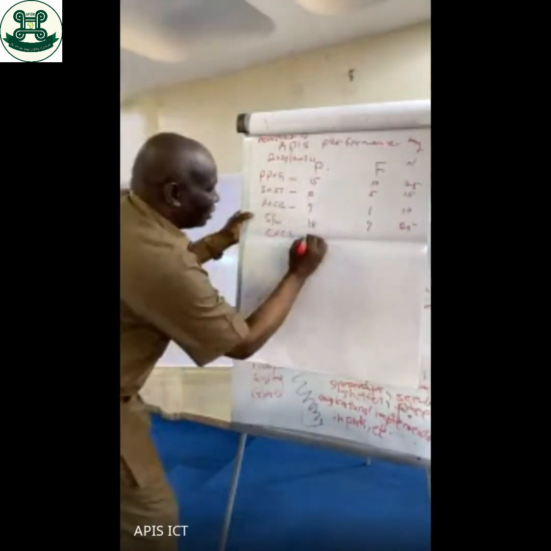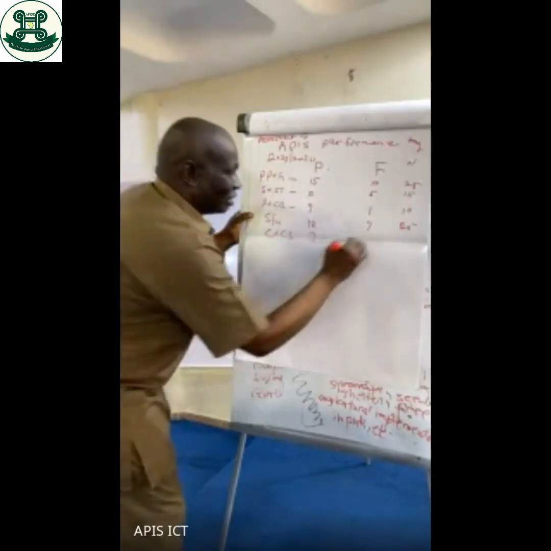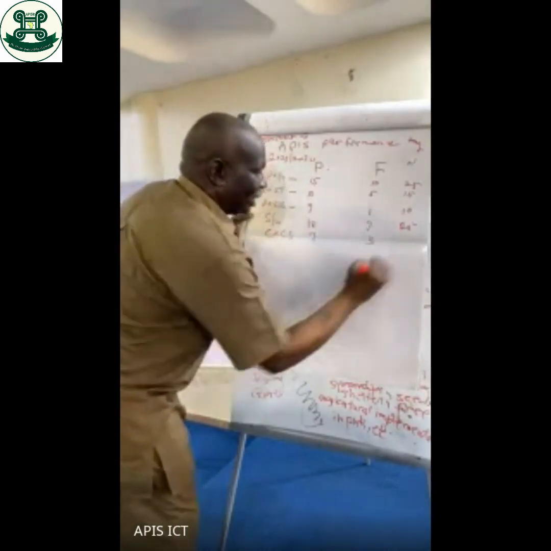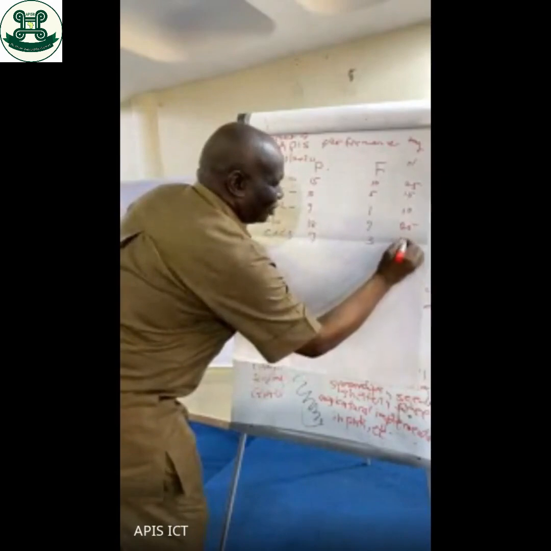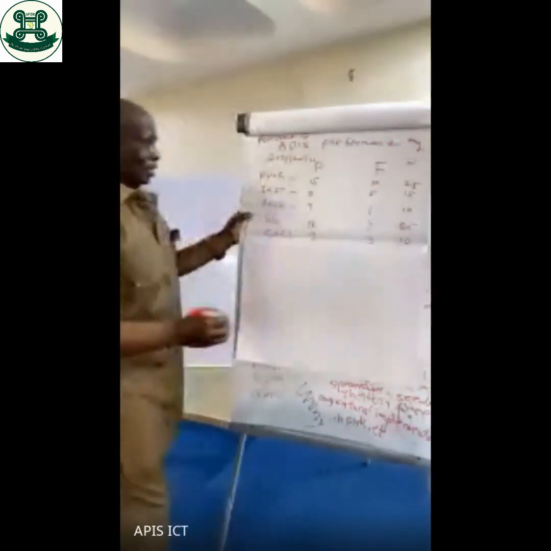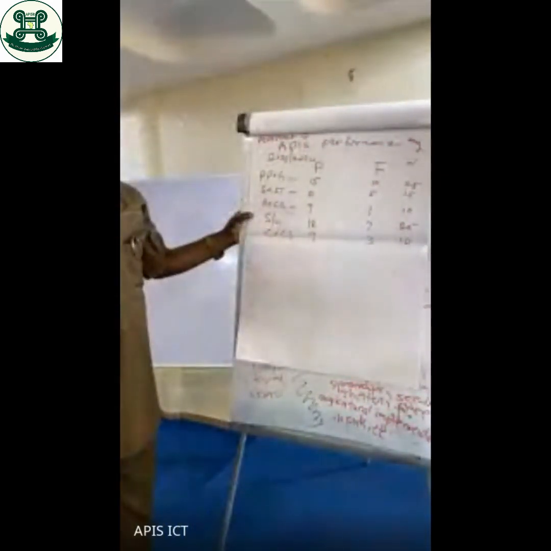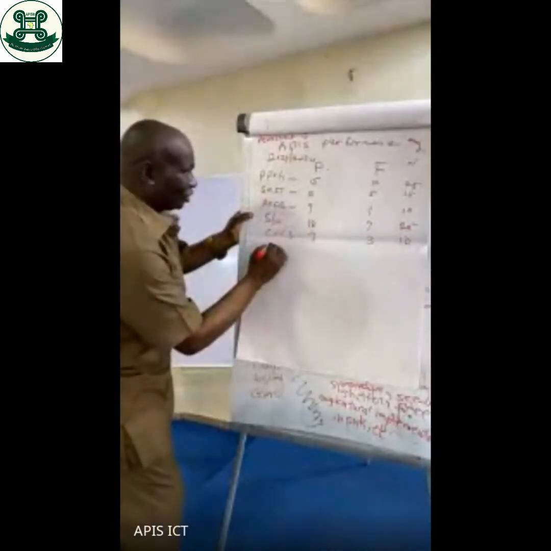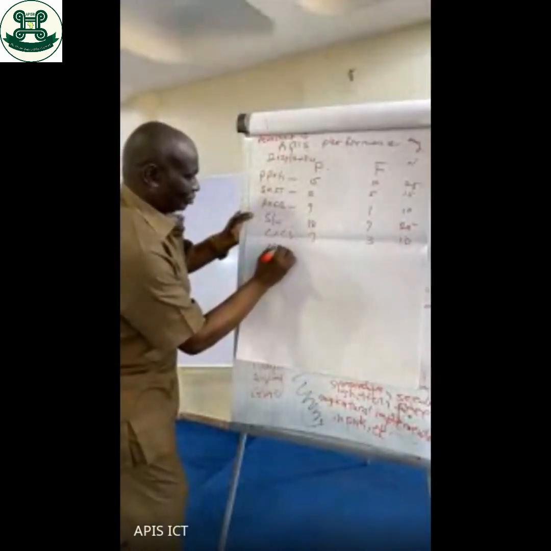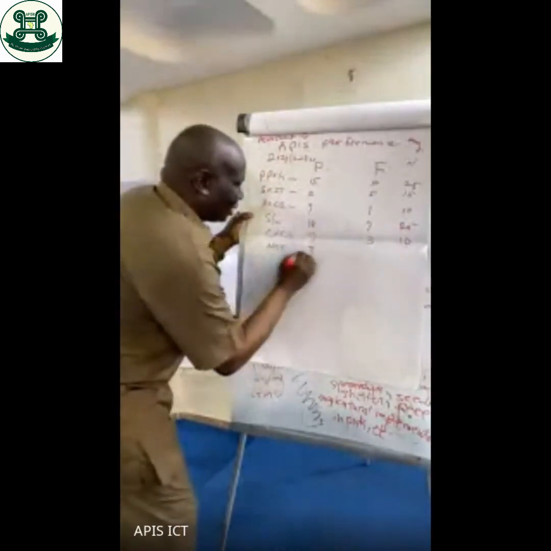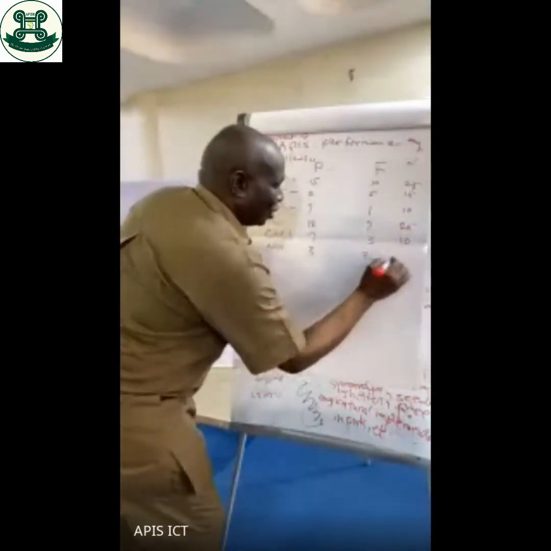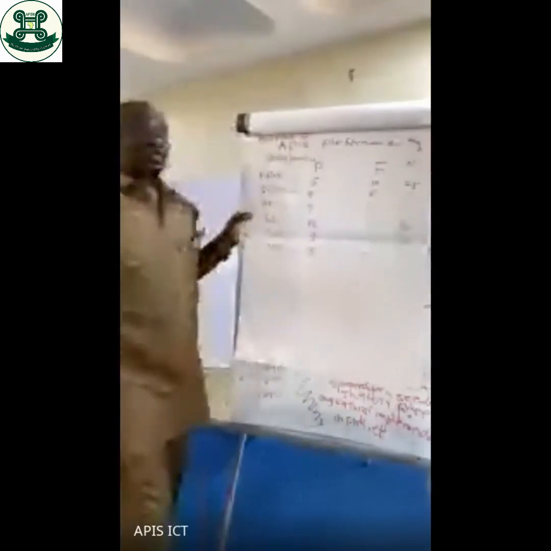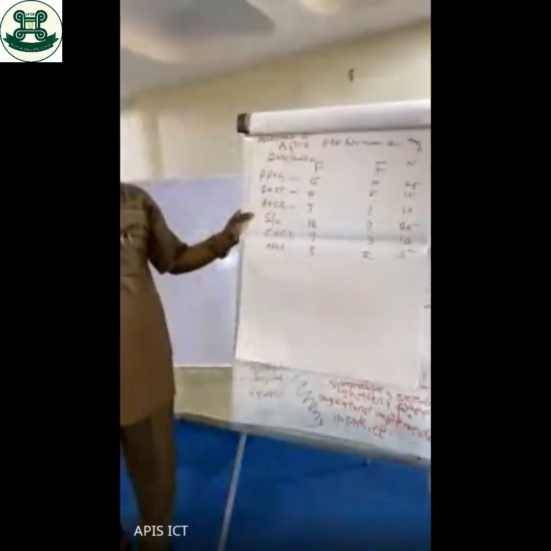Okay. 7 pass, 3 fail, total of 10. NGO. Three pass, two fail. Okay, this is just for example.